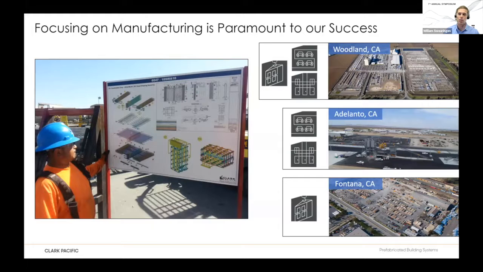A lot of that is coming through our investment as a company and putting our resources focusing around DFMA. It's also about building a diverse workforce, and we're using operations science with PPI to help inform how we establish our manufacturing centers and our production model as a whole to be able to deliver as we further progress in prefabrication.